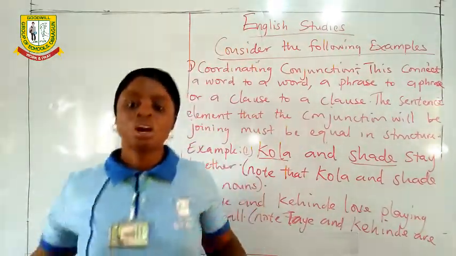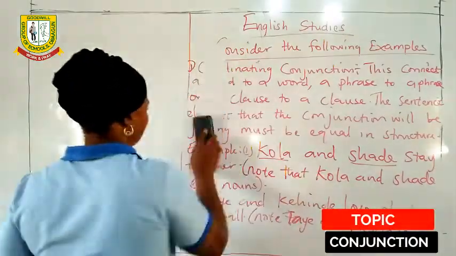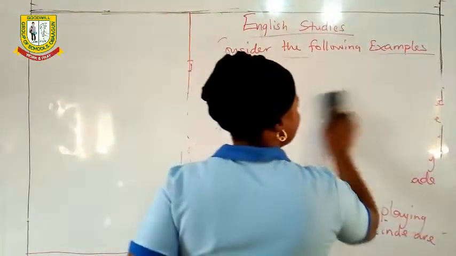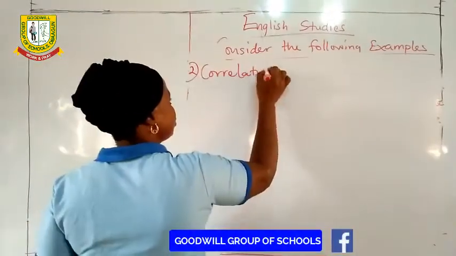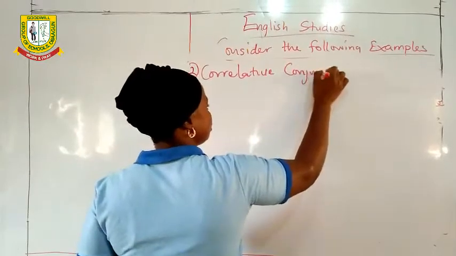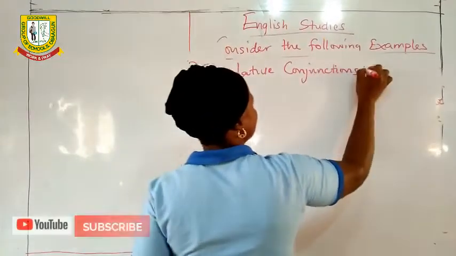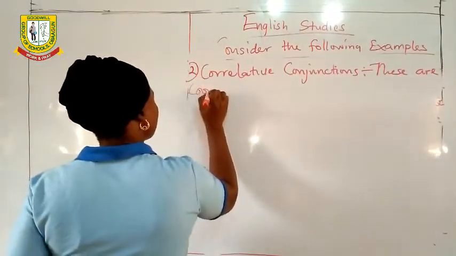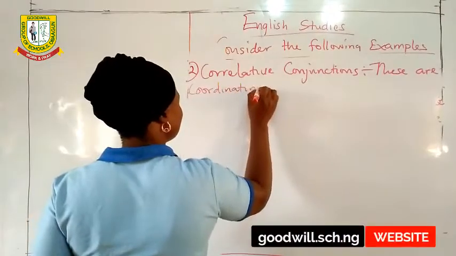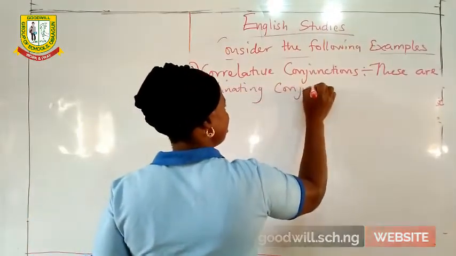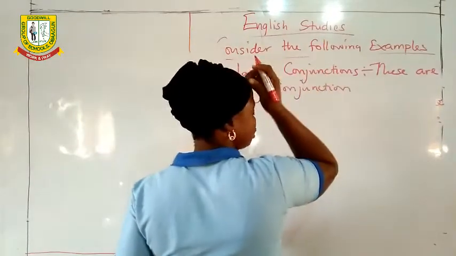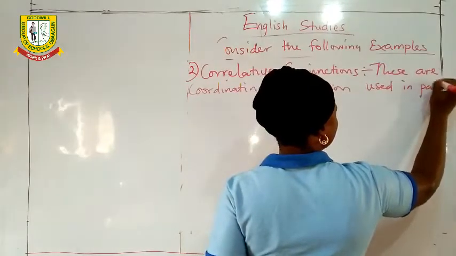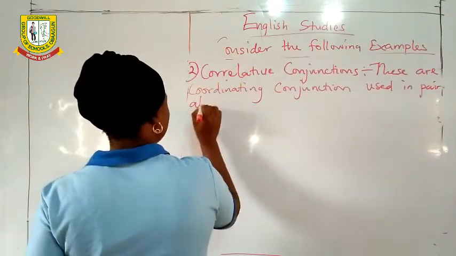Like example, I want to give examples. But before I give examples, I would like to write what I have explained. Correlative conjunction. These are coordinating conjunctions used in pairs. In pairs always.